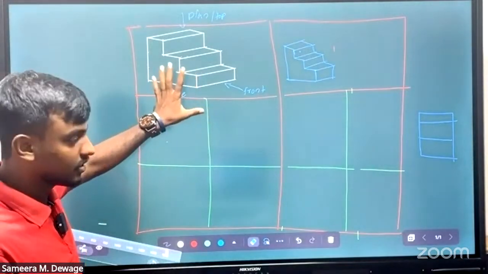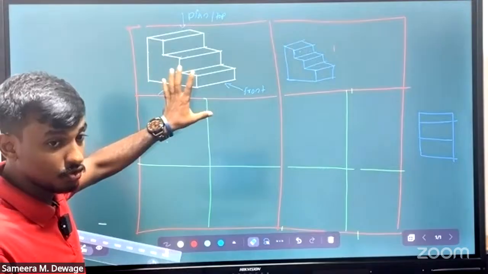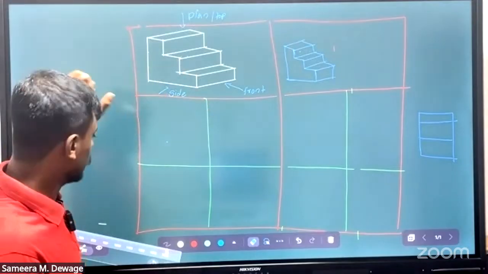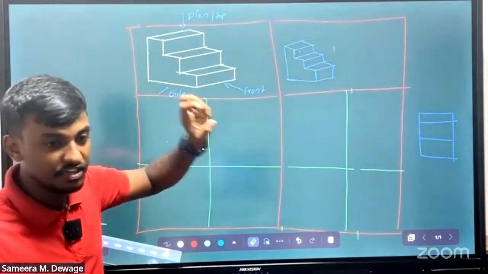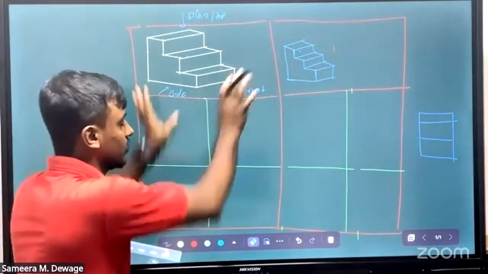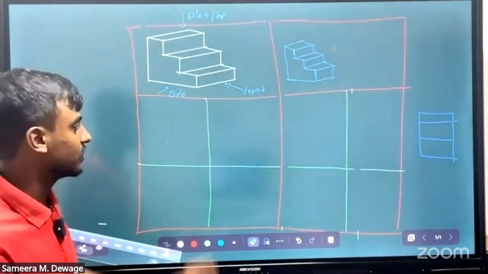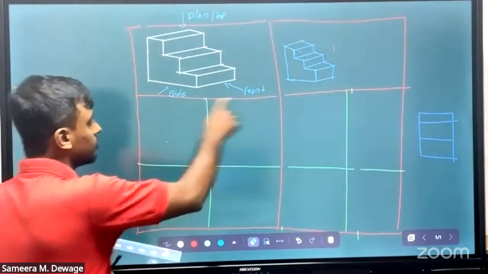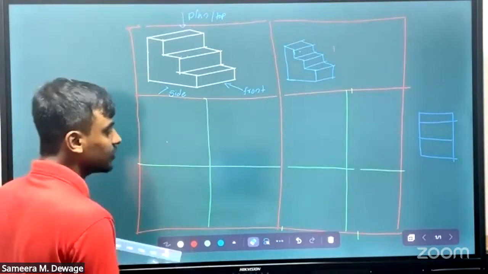So first, what you need to do is divide your graph paper. You already divided your graph paper, then assume this part is your graph paper.